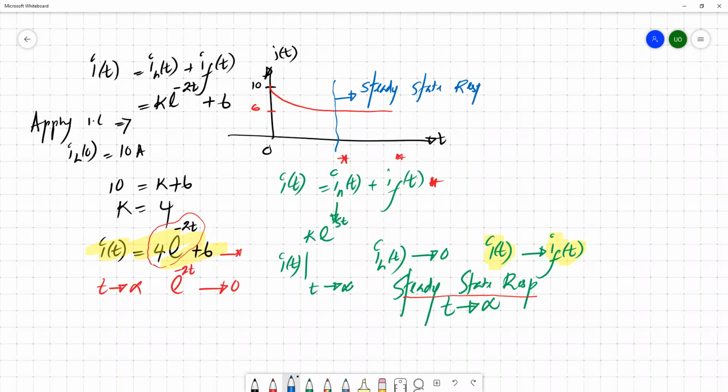So this is the steady state response, which equals the forced response.